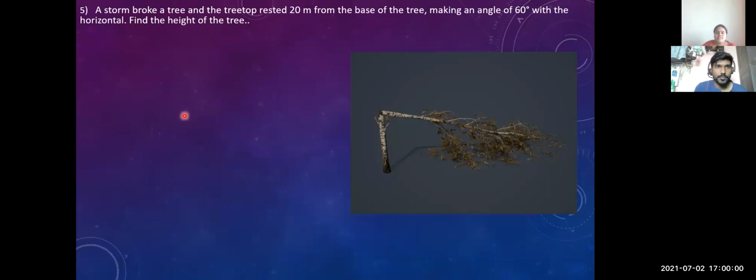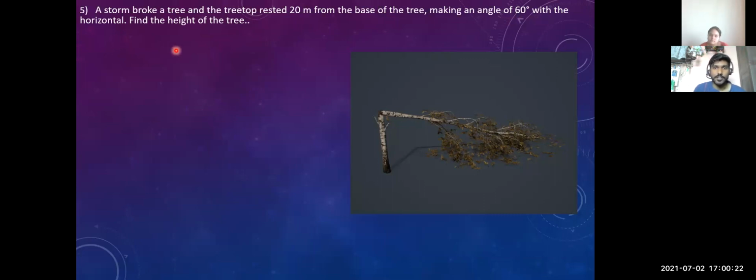I can't see the diagram. You can't see the tree? Yeah, now I can see. Okay. A storm broke a tree and the tree top rested 20 meters from the base of the tree, making an angle of 60 degree with the horizontal.